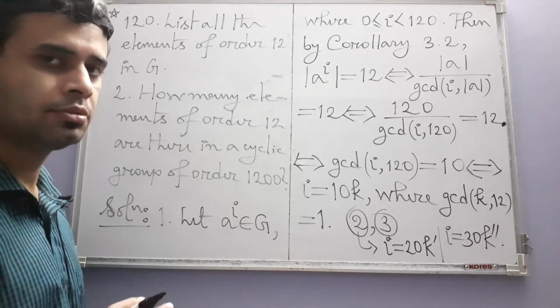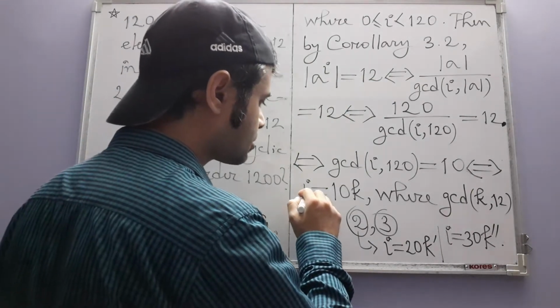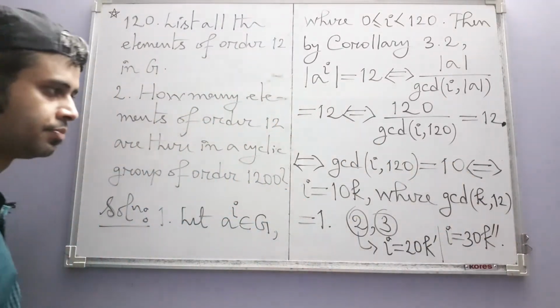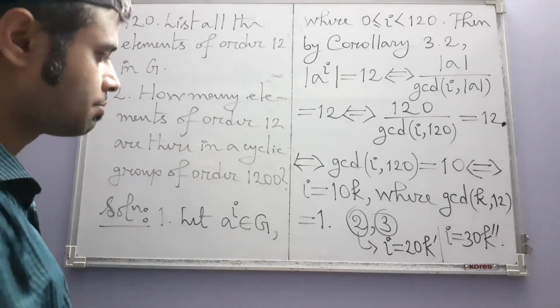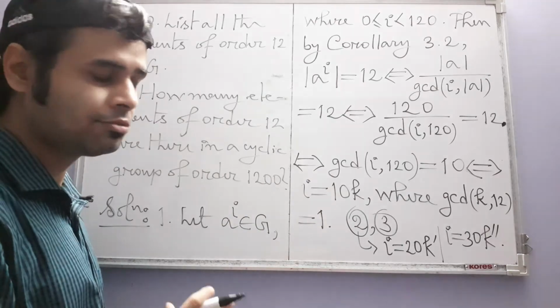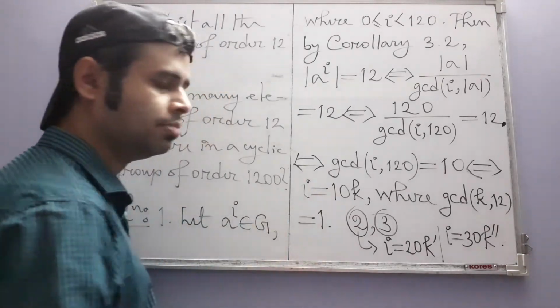That I leave to you to see that this is actually the case. You start from these things and you show that this is equal to 10. So now we have an idea of what the possible i's should be, and in fact not just possible i's, what the i's should actually be.